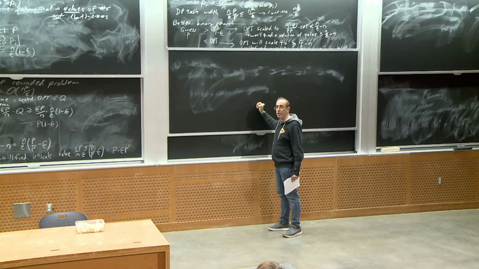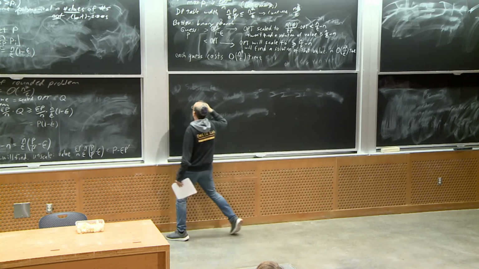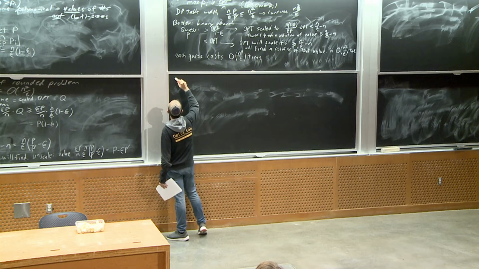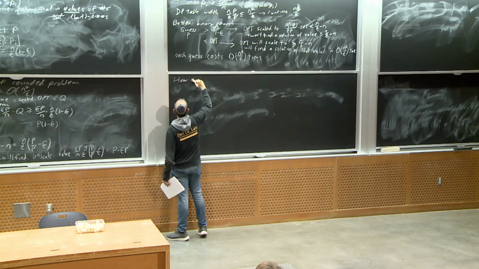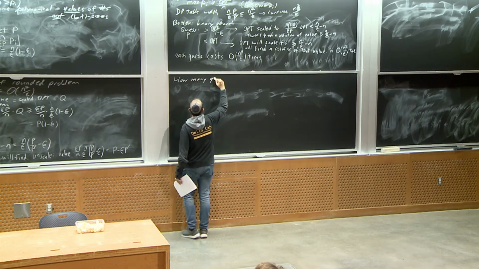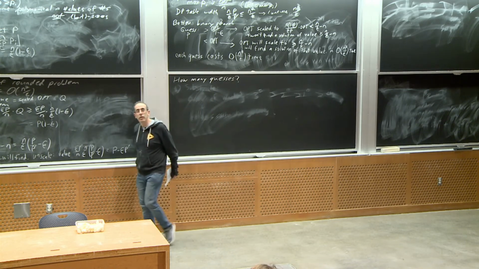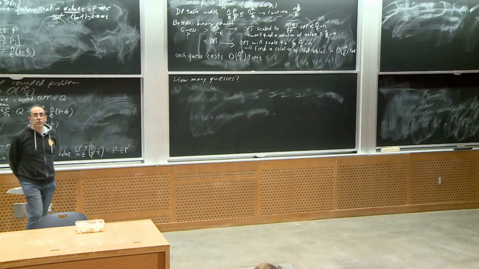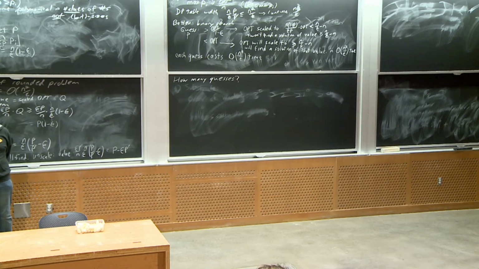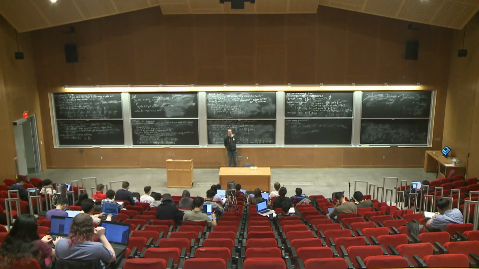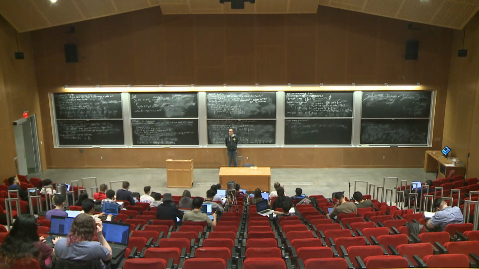So when you're doing a binary search problem, what determines the number of guesses that you make? Besides the guessing procedure, what do I need in order to start my binary search?